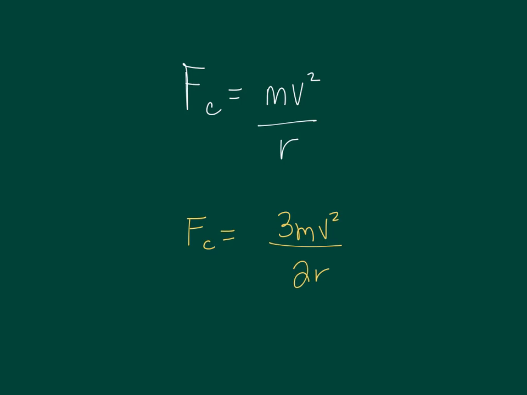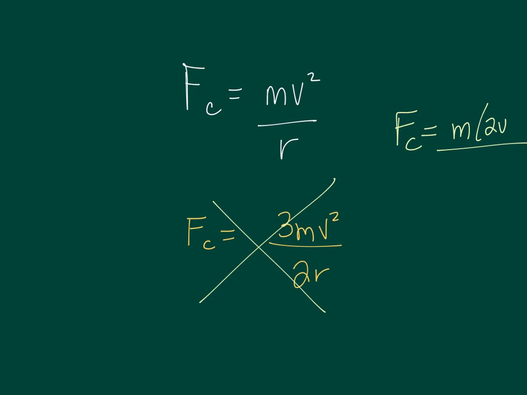How about this one? What if the velocity doubles and the radius triples? So the radius triples, and again, would it increase by 4 thirds? 4/3, very good.